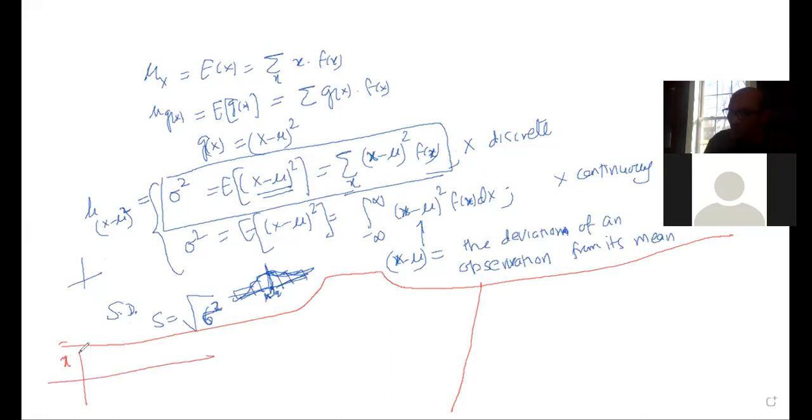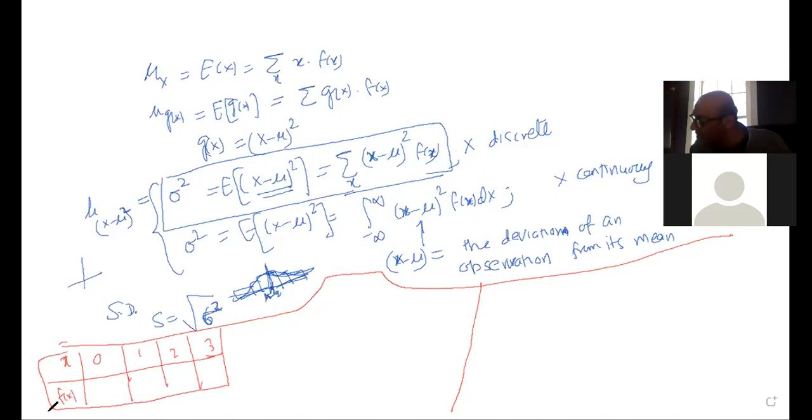X runs from 0, 1, 2, 3, and my f(x) values are given as 0.51, 0.38, 0.10, and 0.01. I want to use the definition sigma square is equal to expected value of x square minus nu square.